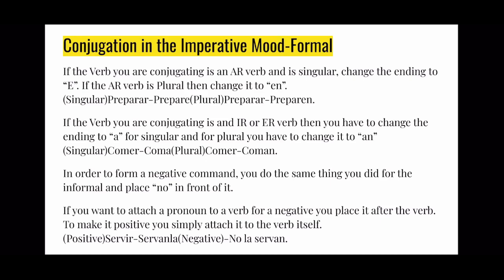So we're going to use the verb preparar, and in the singular form, it would be changed to prepare. And in the plural, it would be preparen. So as you can see there, in the plural, we did en. In the singular, we did e.